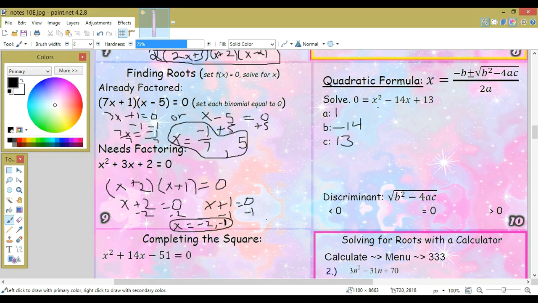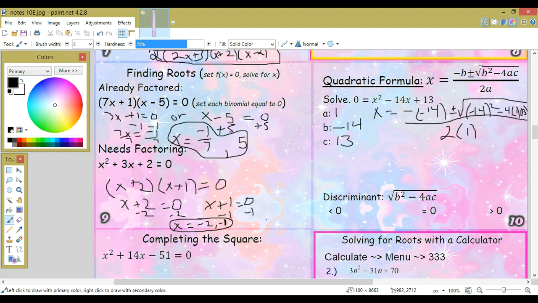So from here, we're going to plug it into the quadratic formula. X equals negative (-14) plus or minus the square root of (-14) squared minus 4 times 1 times 13, all over 2 times 1. Now make sure when you're first plugging it in, you plug it in exactly like the equation has.